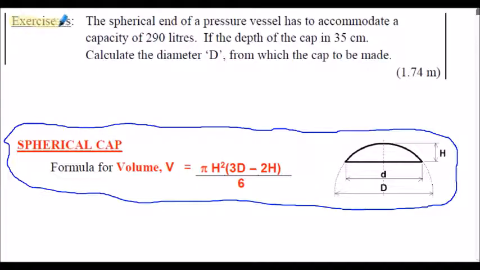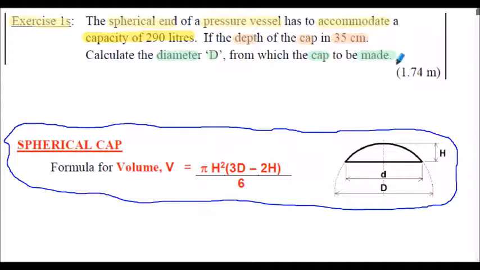Exercise 1S. A spherical end of a pressure vessel has to accommodate a capacity of 290 litres. The depth of the cap is 35 centimeters, and we're asked to calculate the diameter, uppercase D, in the equation, from which the cap has to be made.